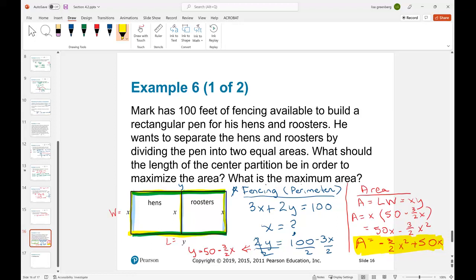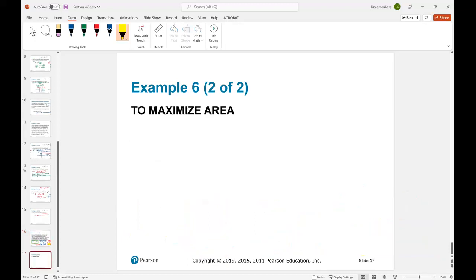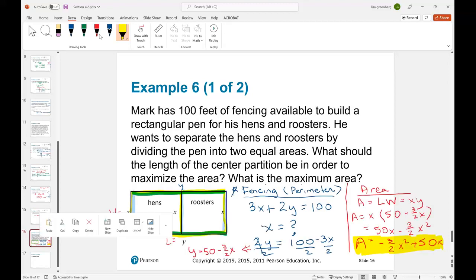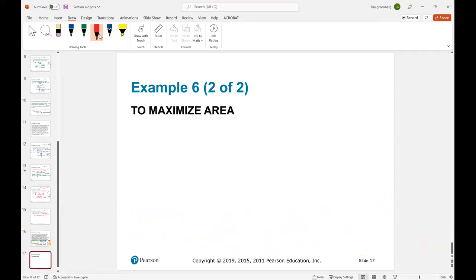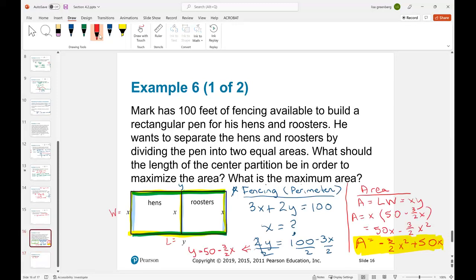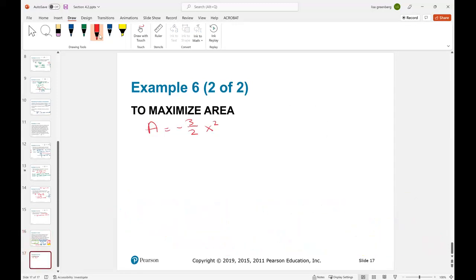All right, so let's continue. To maximize area, I have area equals minus 3 halves x squared plus 50x. Okay, and now I want to maximize area.